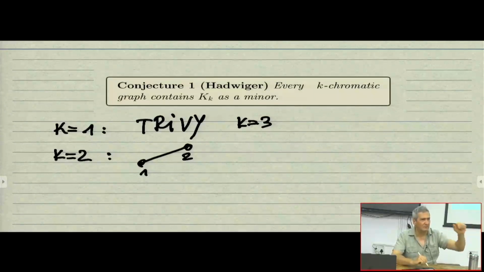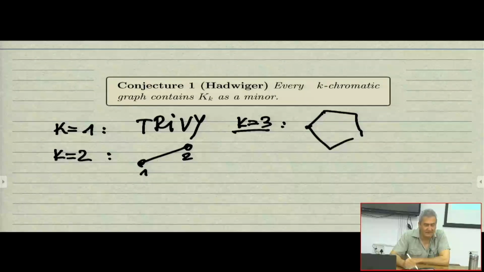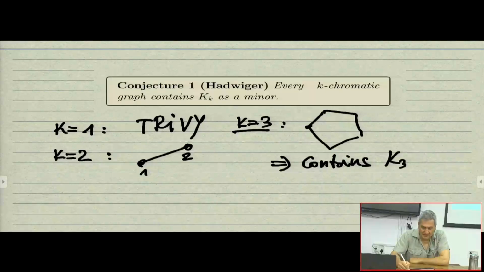We don't need to bother with 5-chromatic, 5-critical is easier to deal with. Case 3-chromatic: it must contain an odd cycle if it is 3-chromatic, yes? 3-critical actually is an odd cycle. So it contains K3 as a minor.